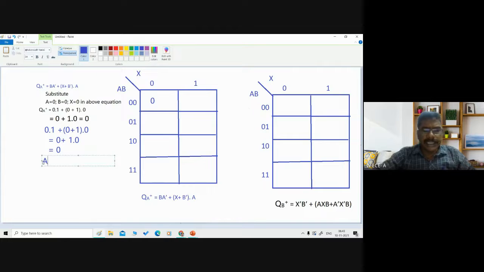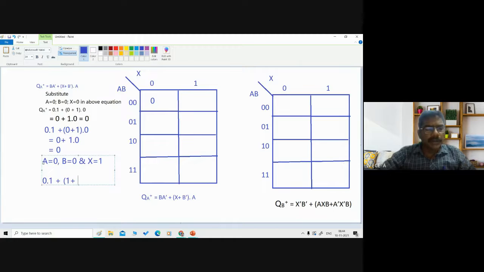So the second case is A equal to 0, B equal to 0, and X equal to 1. In this case, you substitute the value in the first equation. So B into A dash: B equal to 0, A dash equal to 1. The same case, only the value change is X. So X value is now 1.